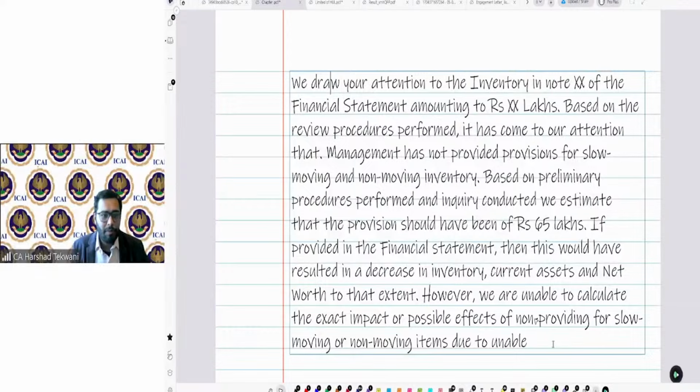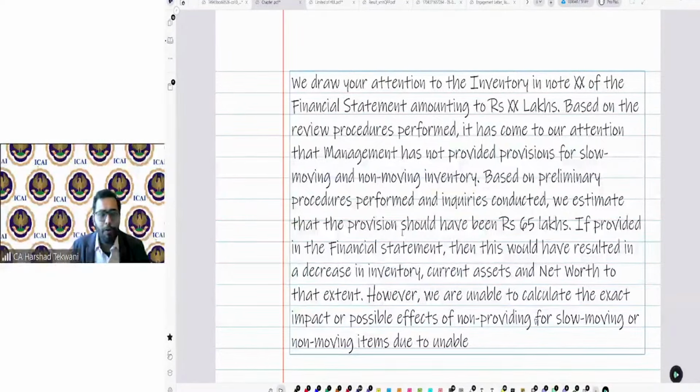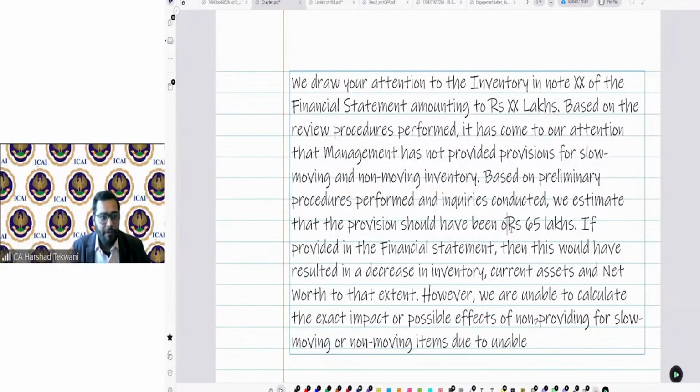Based on the preliminary procedures performed and inquiry conducted, we estimate that the provision should have been rupees 65 lakhs. If provided in the financial statement, this would have resulted in a decrease in inventory, current assets, and net assets to that extent.